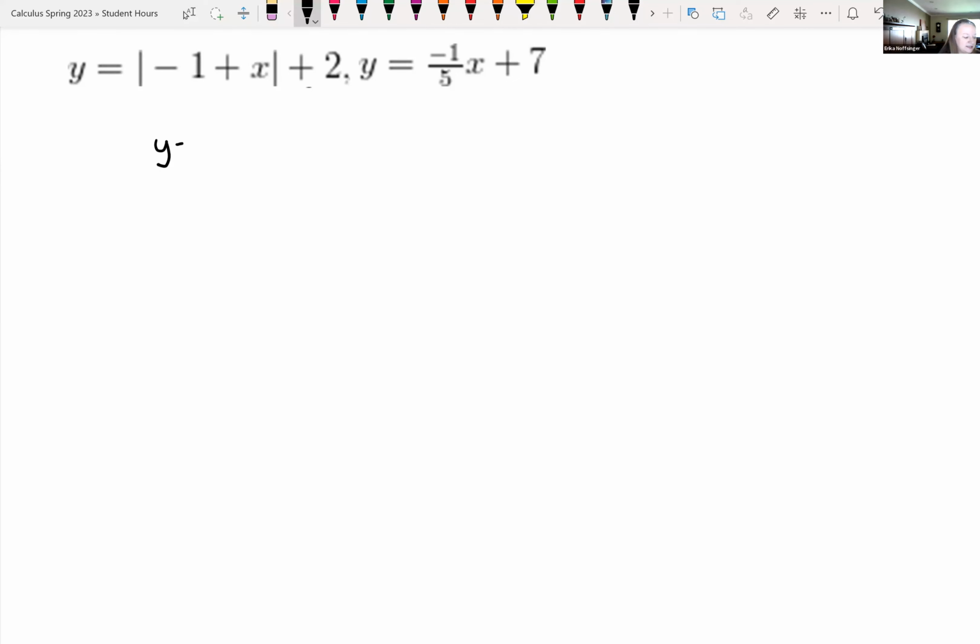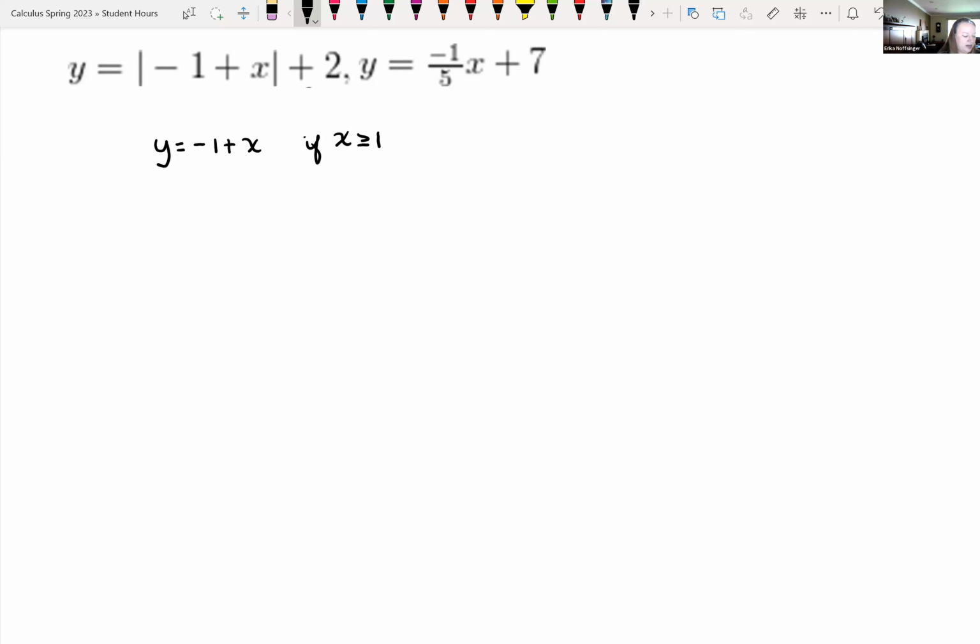So remember, this is the same thing as two separate equations. It's the same thing as y equals negative 1 plus x, and this is if x is greater than or equal to 1.